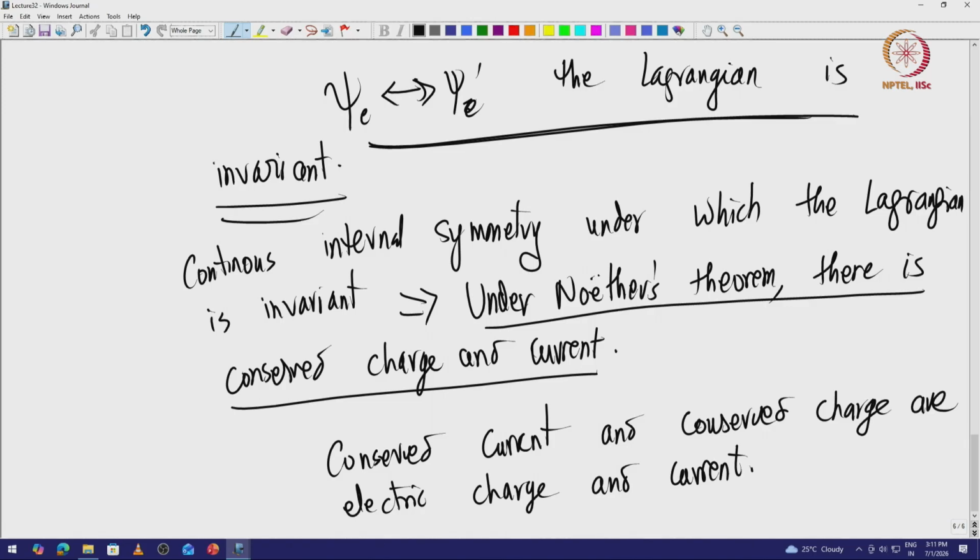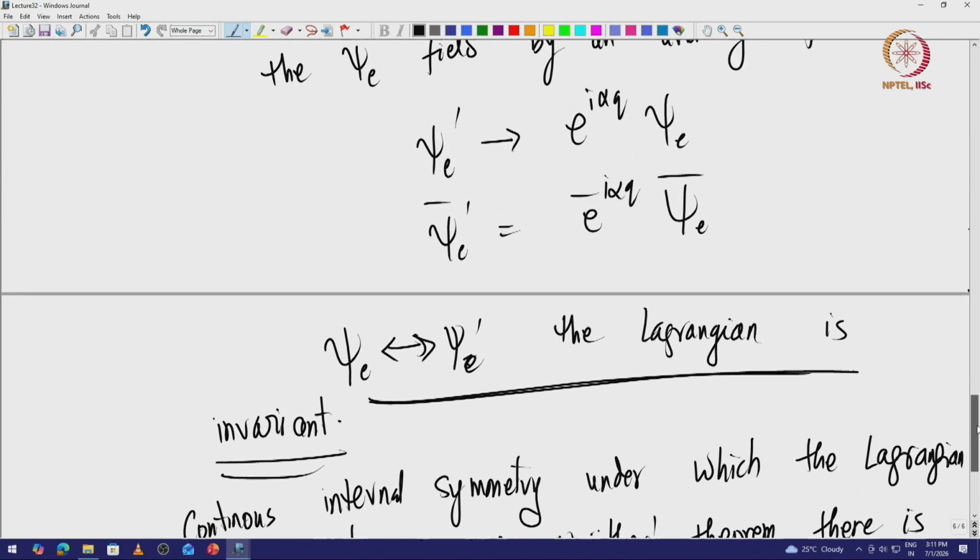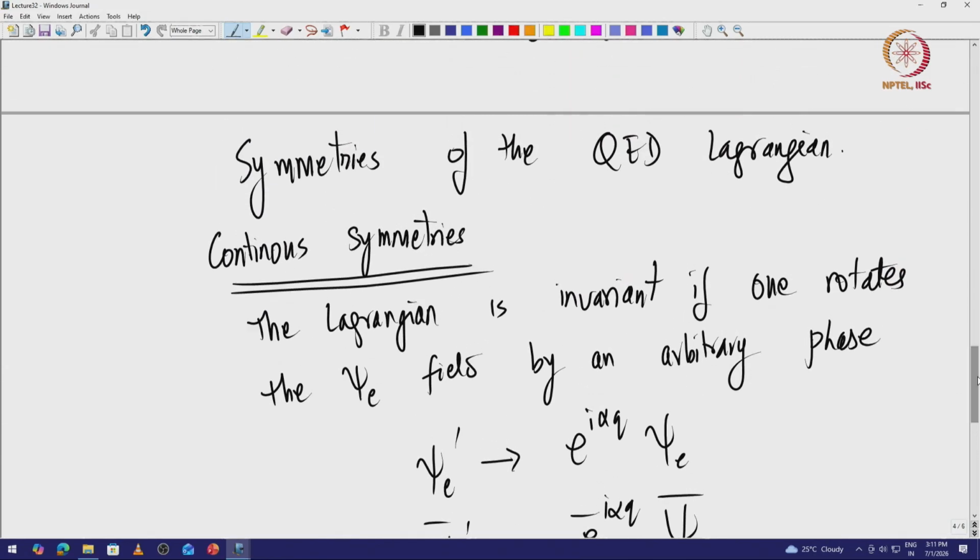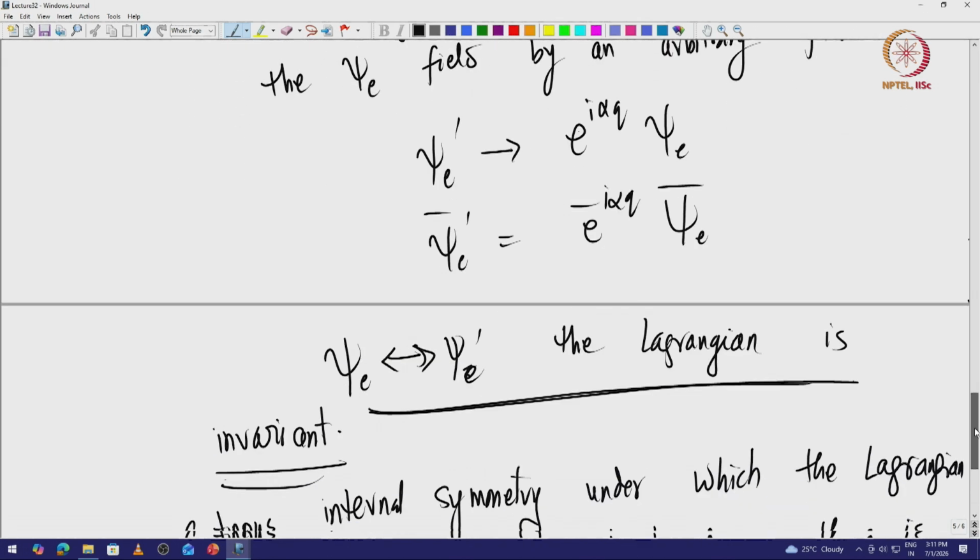Okay. This is very crucial, and this is actually a very important point, that one of the first transformations you can think about, or the symmetries associated with this Lagrangian, is a continuous phase transformation.